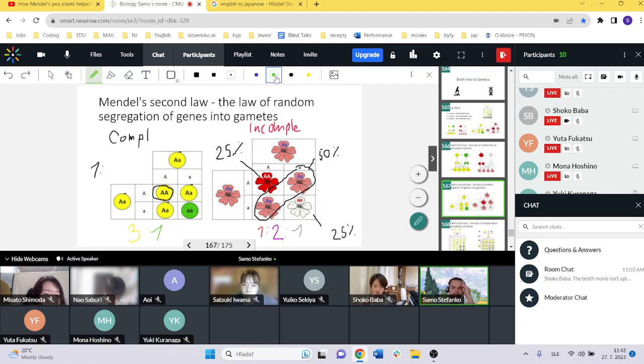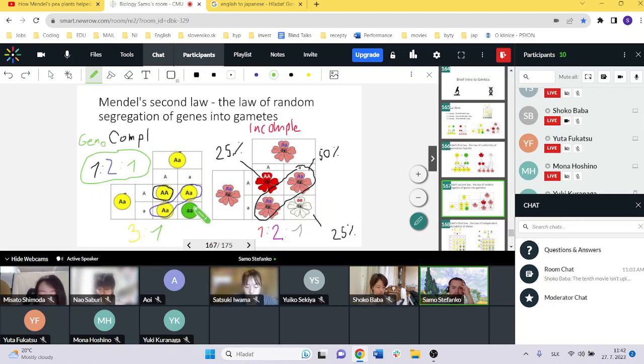Then we will have two heterozygous and then one recessive homozygous. So that would be our ratio for genotype. Okay, genotype.